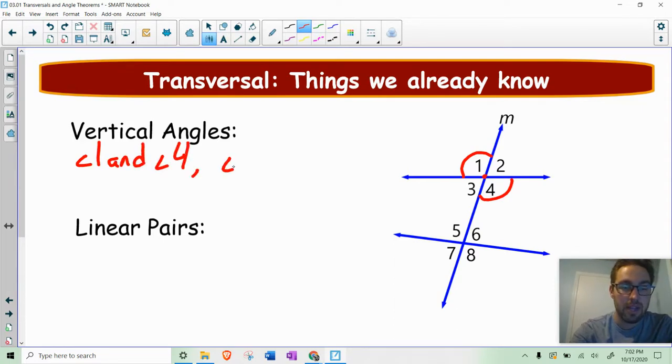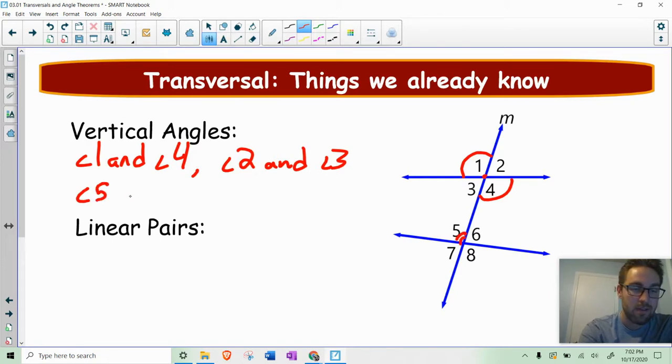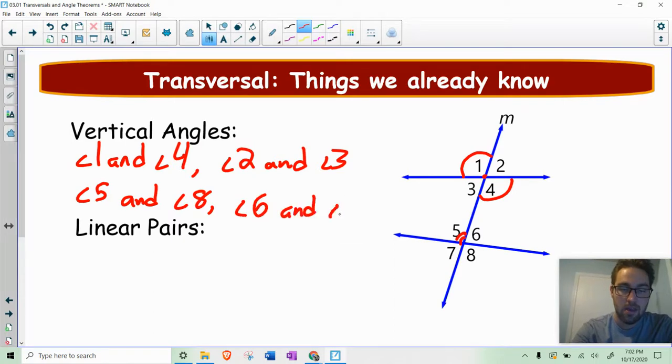Another pair would be angles 2 and 3. Another would be down here, angle 5 and angle 8. And then another one would be angle 6 and angle 7. So those are different pairs of vertical angles.